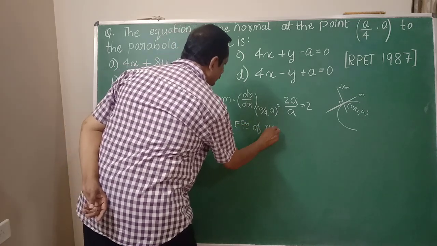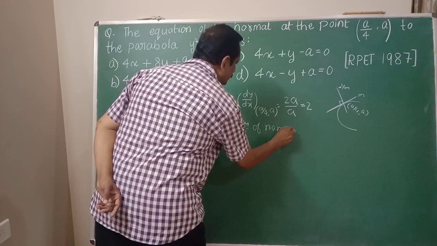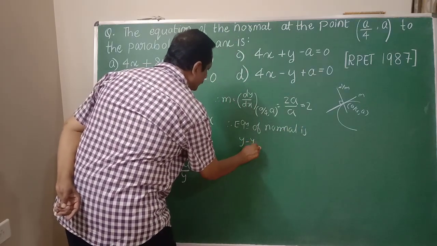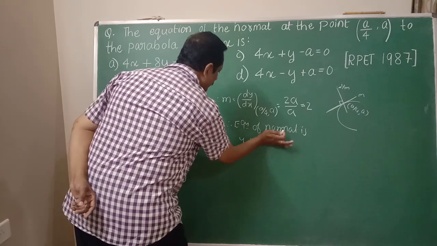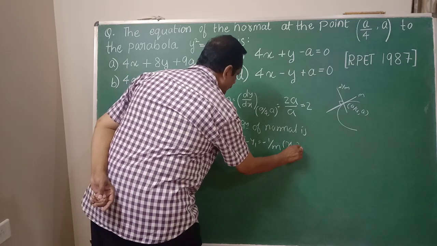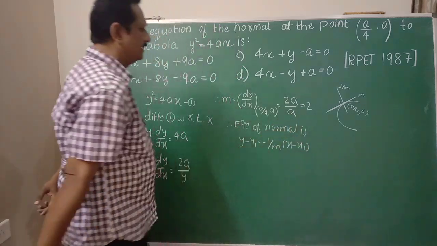The equation of the normal is y minus y1 is equal to minus 1 upon m into bracket x minus x1. This is the formula.